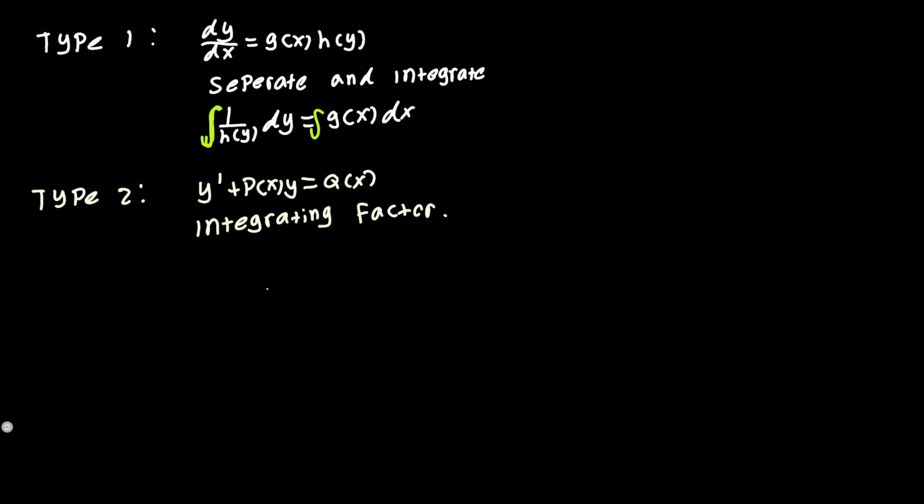We will get into the integrating factor method once we touch the topic of a first order linear differential equation. So these are the main types of differential equations that we will look at starting this course and how to solve these types.